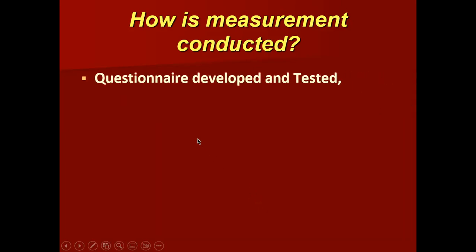Right, so questionnaire developed and tested. How do we do that? We develop our questionnaire based on the conceptual framework. Once the conceptual framework has been well constructed from the theoretical framework, the concept underpinning the problem phenomena, we develop our questionnaire. Questionnaire items are not really questions all the time.